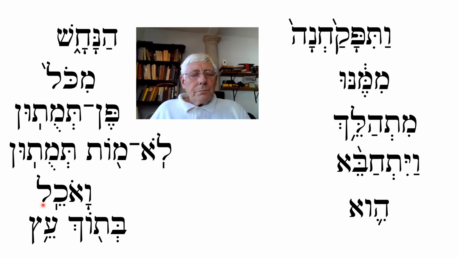Va ochel, this particular verb, when you see the aleph in the front, it's part of the root. Aleph kaf lamet, to eat. You can see it with tochal and yochal when you see other prefixes in the front of it. But when you're in the first person, they don't bother sticking an aleph on the front to indicate first person. They just use the aleph of the root for the first person.